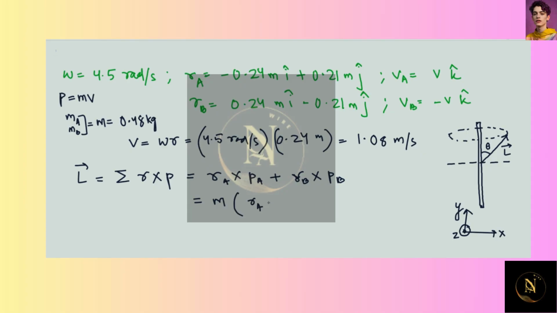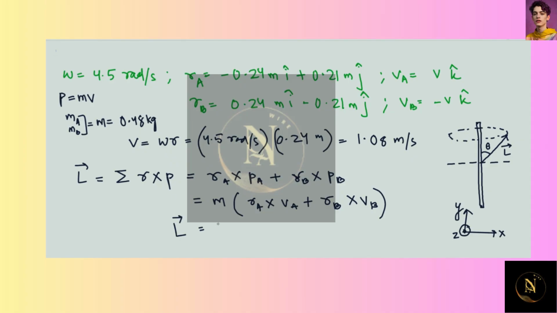So now we have rA cross vA plus rB cross vB. Now you can use the determinant rule to find each of these cross products and add them up, and then multiply it by the mass m, which is given to be 0.48 kg.